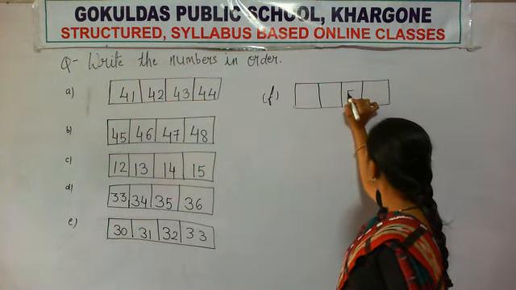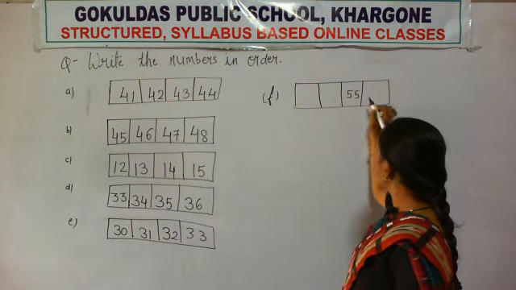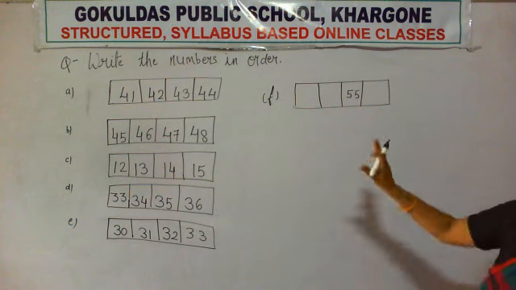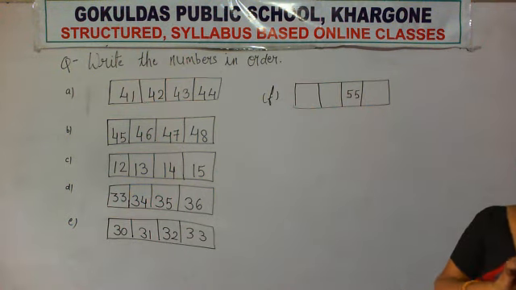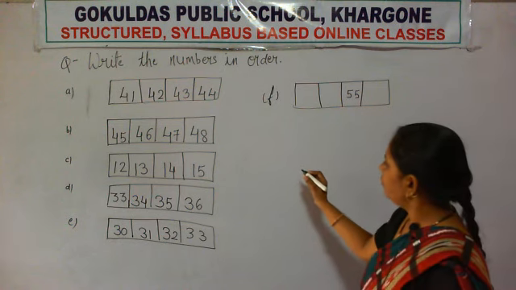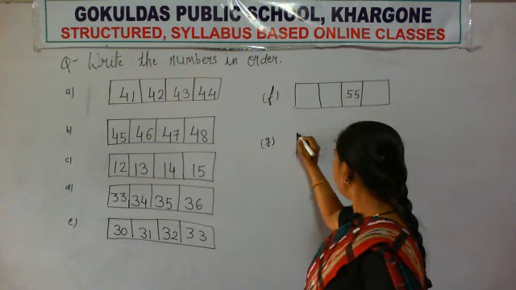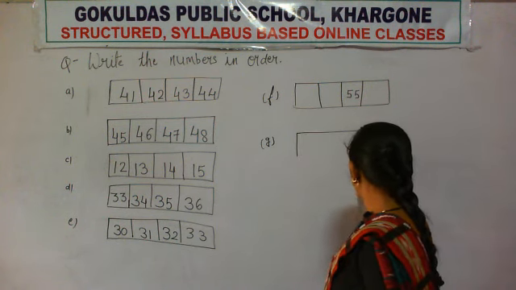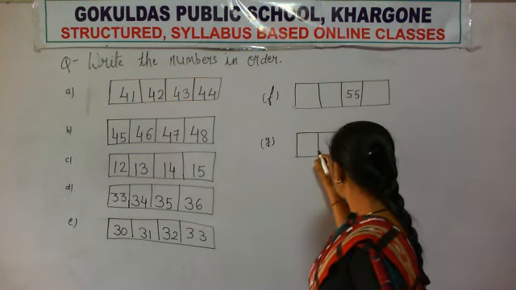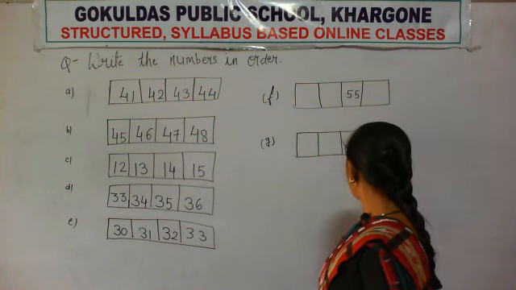I am writing here 55. This you have to solve, okay. Next G. And just now you have to do it, okay.